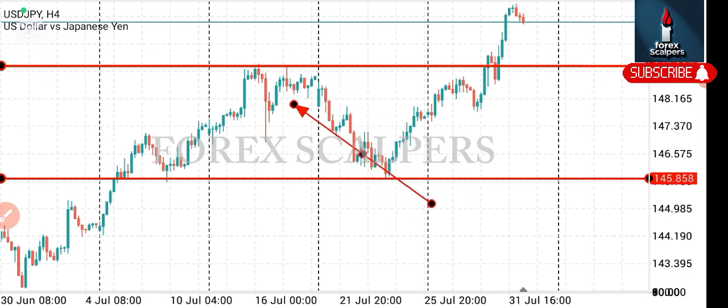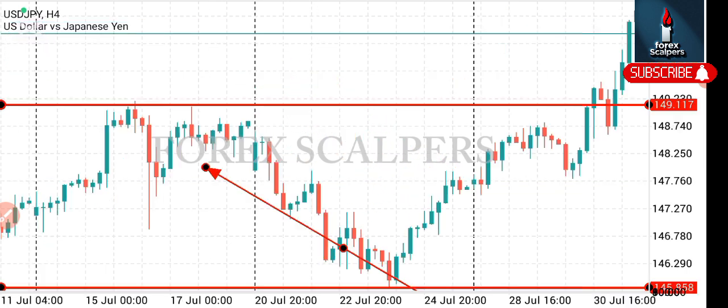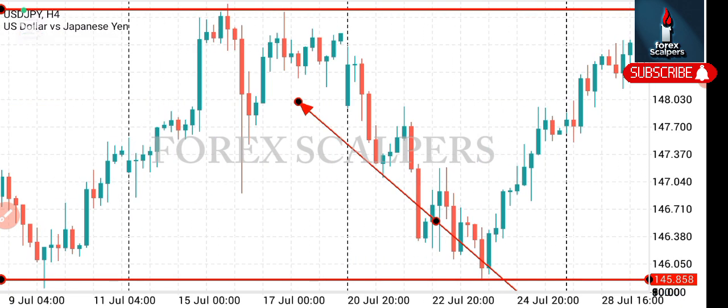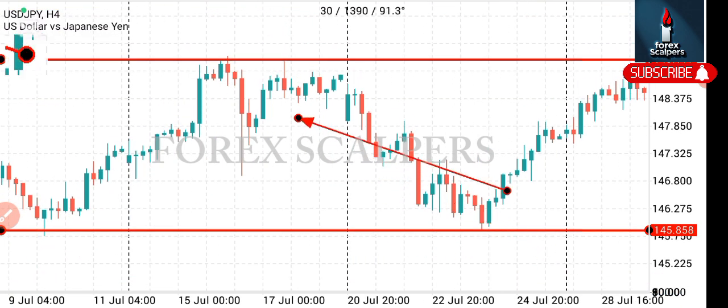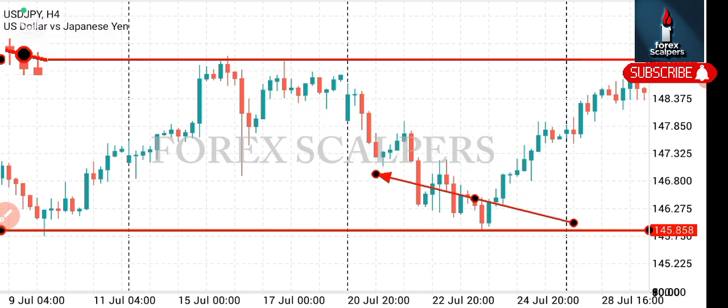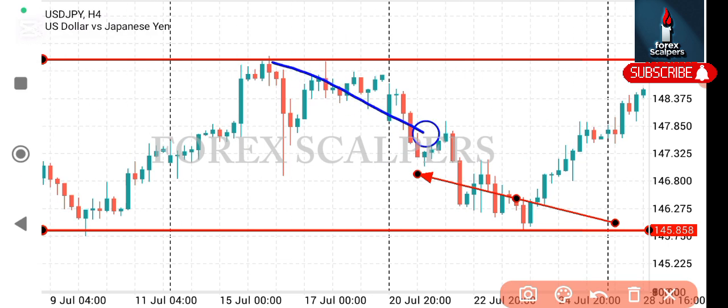And how do we identify this zone when marking our support and resistance? You can see that in this zone, price reverses from here and moves all the way to the downside.